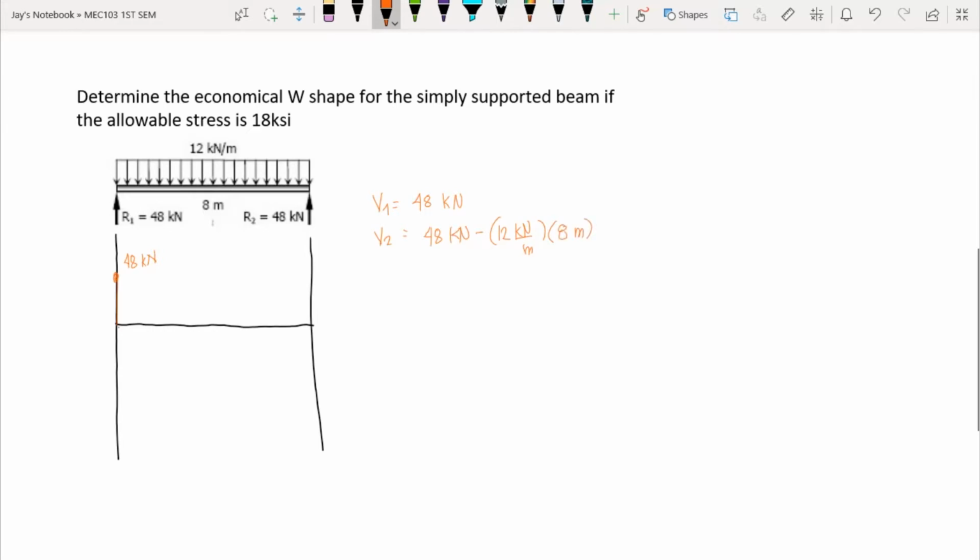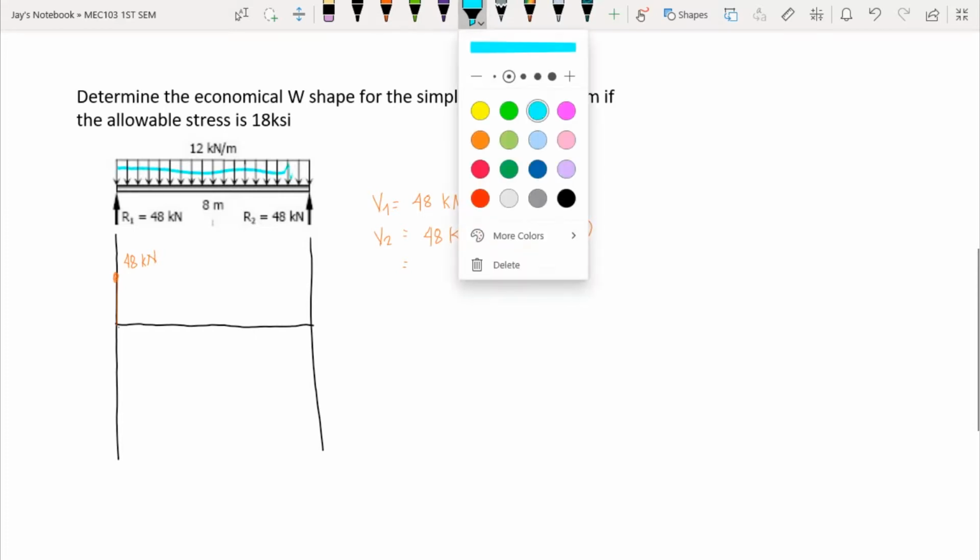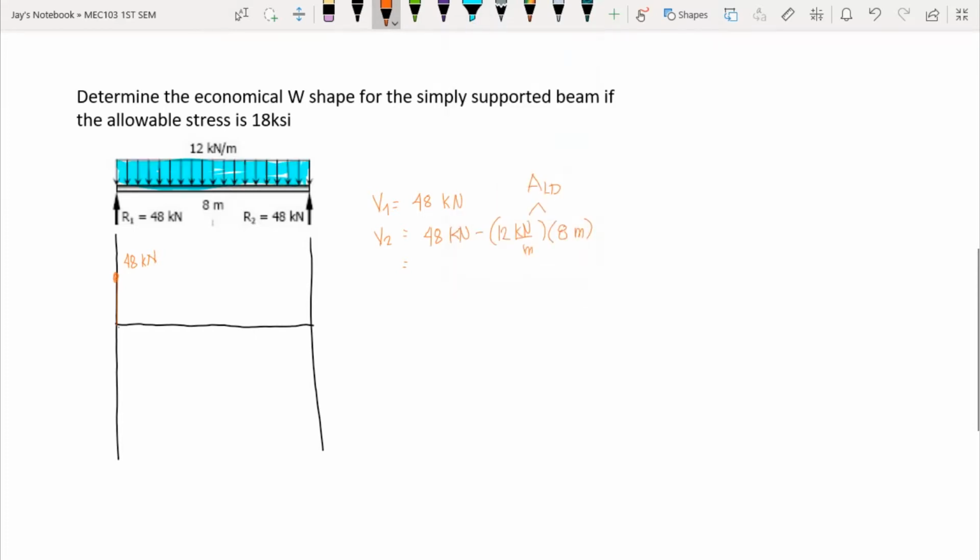Again, this is the area of our load diagram.